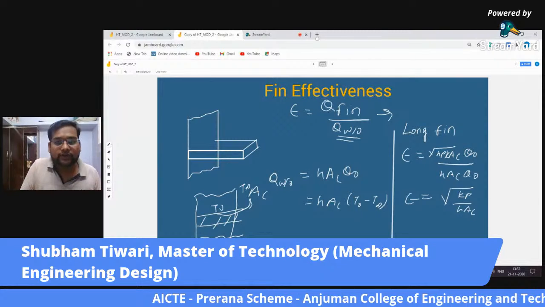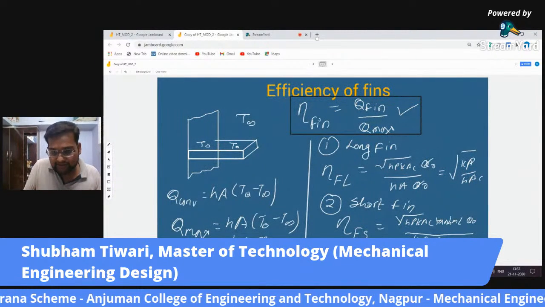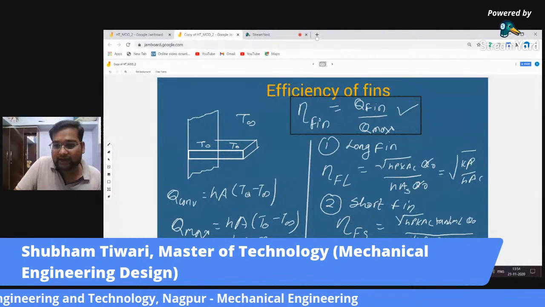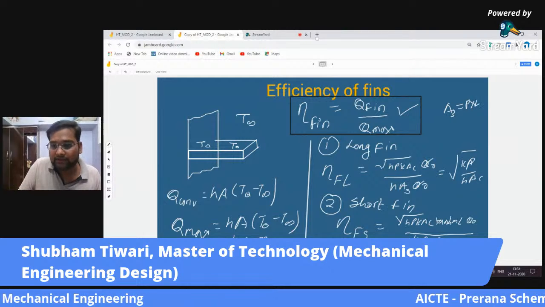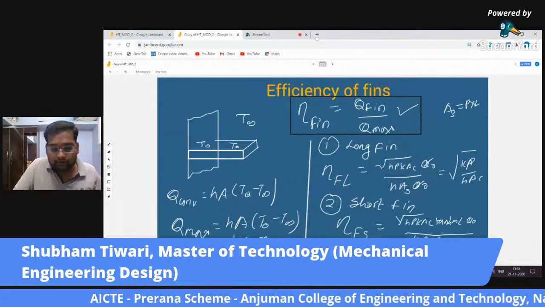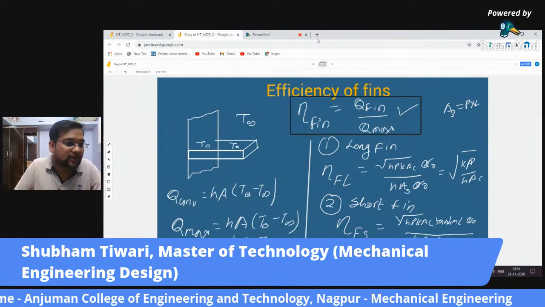Oh, in the previous step there is a mistake. Here it is surface area. So we can write surface area as perimeter into length.